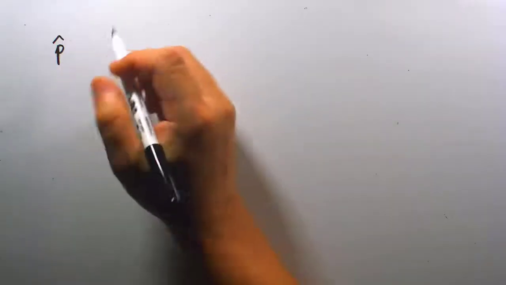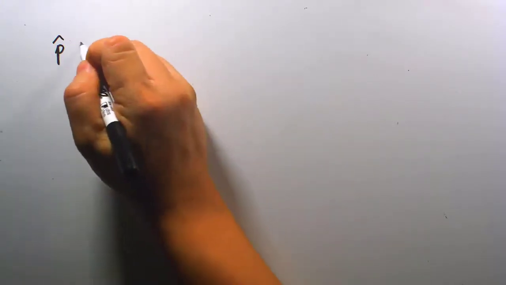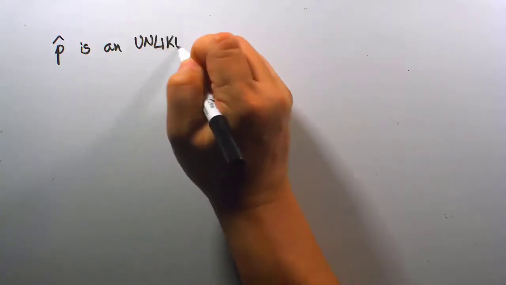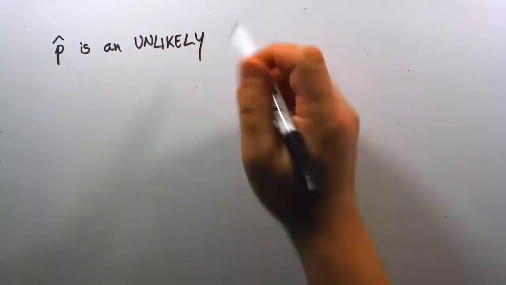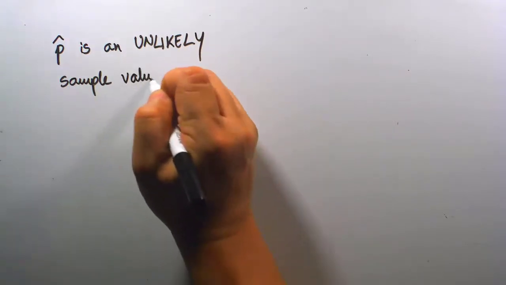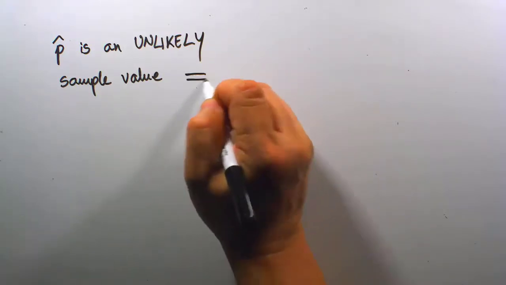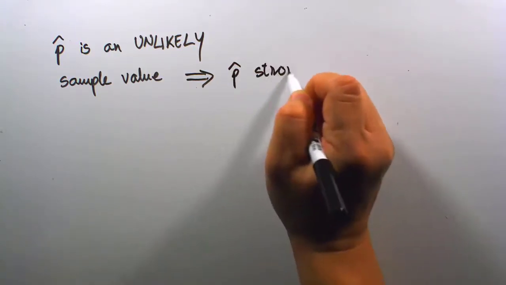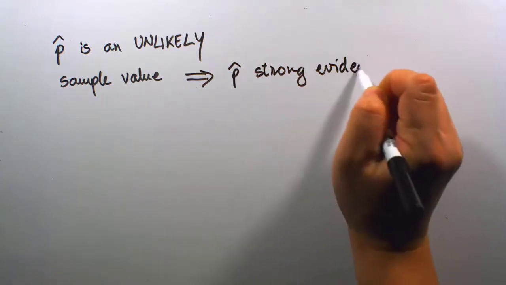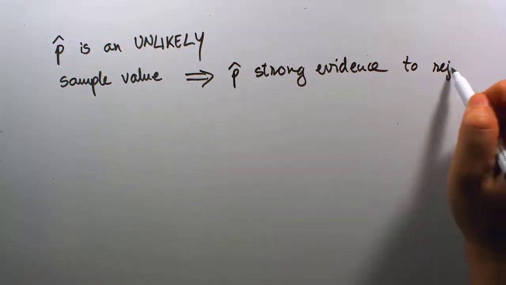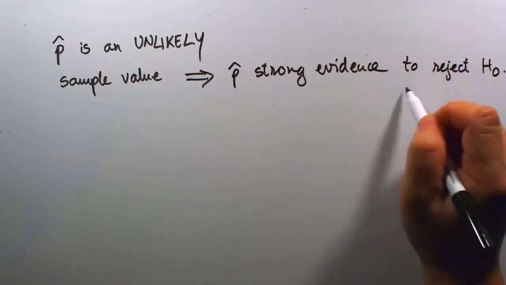And now let me explain why, as long as we can prove our p hat is an unlikely sample value, as the conclusion I have stated earlier, then that leads to p hat being strong evidence, on one hand, to reject H sub 0 or to support H1.